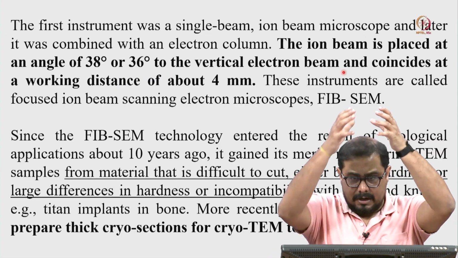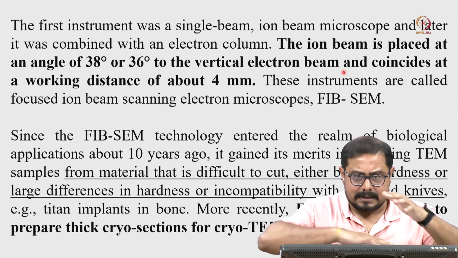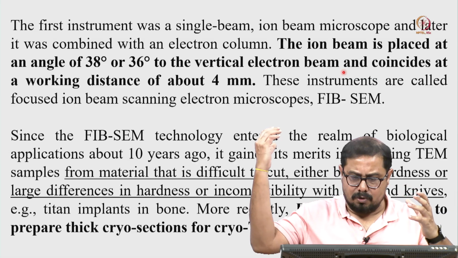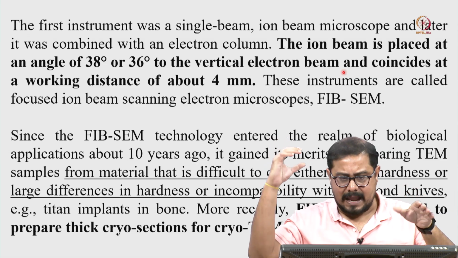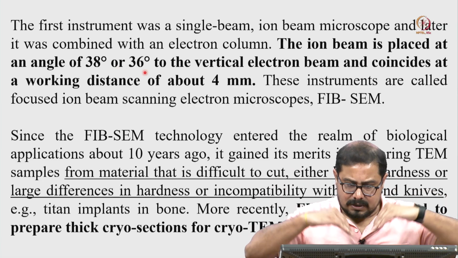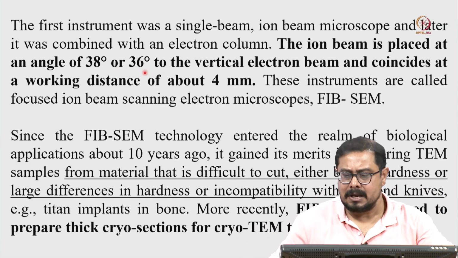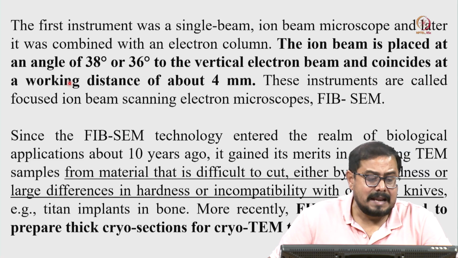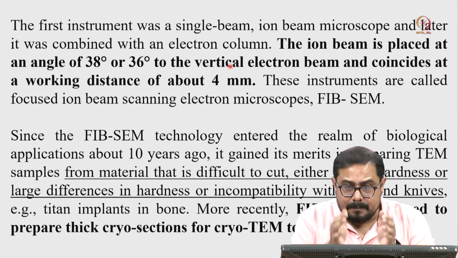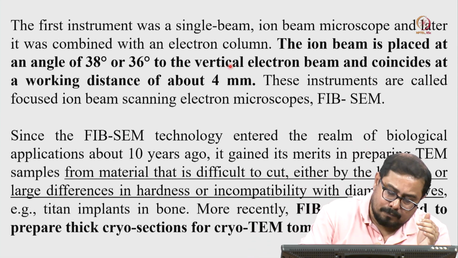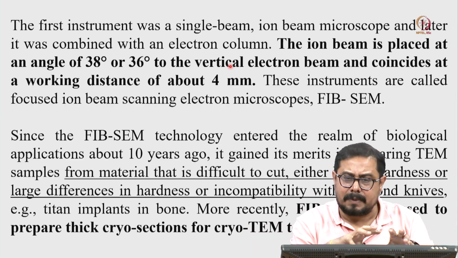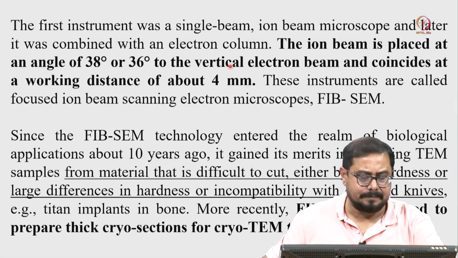So, the electron beam will come like that and we look at the surface, and then the focused ion beam, mostly gallium, comes in at a certain angle, 38 or 36 degrees, and that is basically focusing on the same place, coinciding at a working distance of about 4 millimeter. So, we are focusing on one particular area, and then that focused ion beam will rupture that cell membrane.